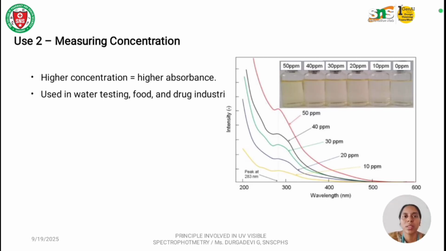And then measuring concentration. Higher concentration equals higher absorbance, which means if our concentration increases, the absorbance will increase. You can see it clearly in the graph. When compared to 10 ppm, 50 ppm has the highest absorbance. So it is used for water testing, food and drug industries.